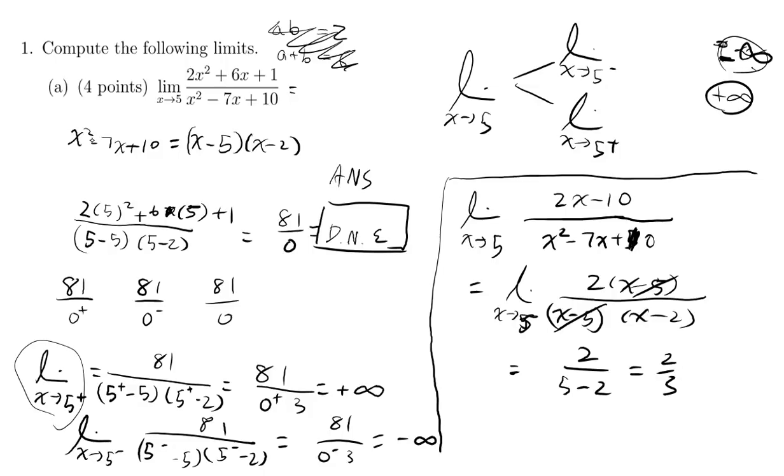So this is another related question, and this time it gave us a finite number as a limit because both top and bottom had the factor of x minus 5.